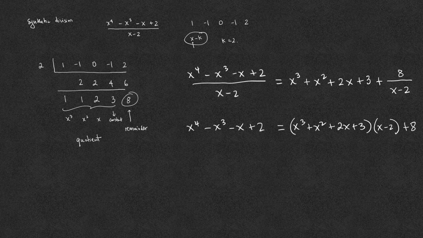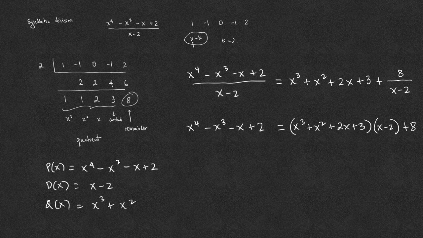In this example, if p of x is x to the fourth minus x cubed minus x plus 2, and the divisor d of x is x minus 2, then the quotient is x cubed plus x squared plus 2x plus 3, and the remainder is 8. And so we wrote p of x equals the divisor times the quotient plus the remainder.